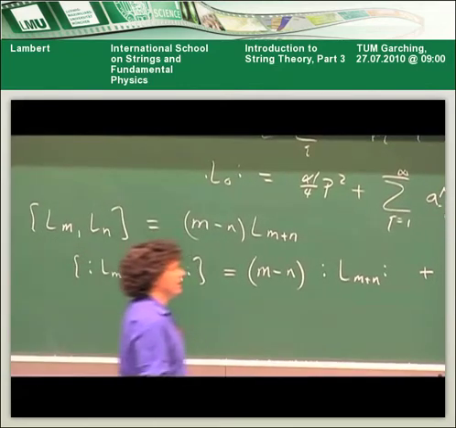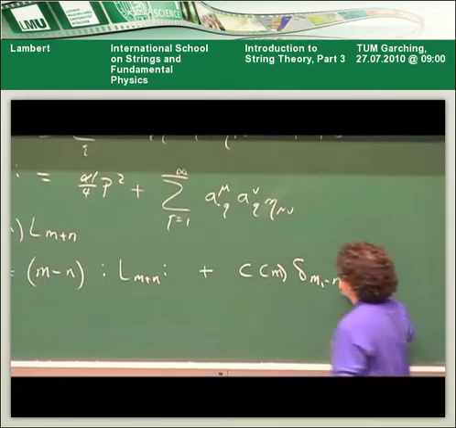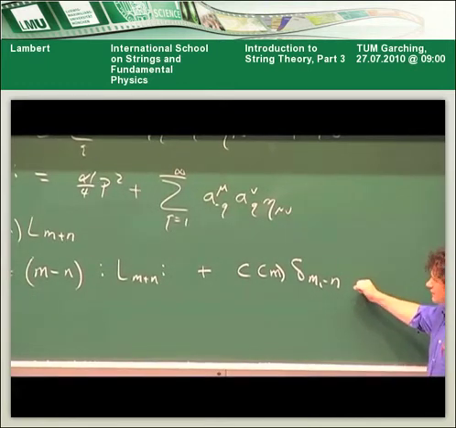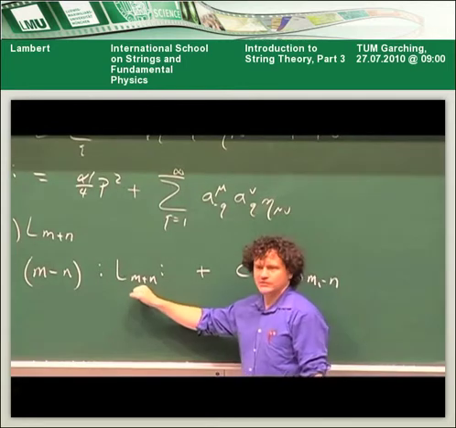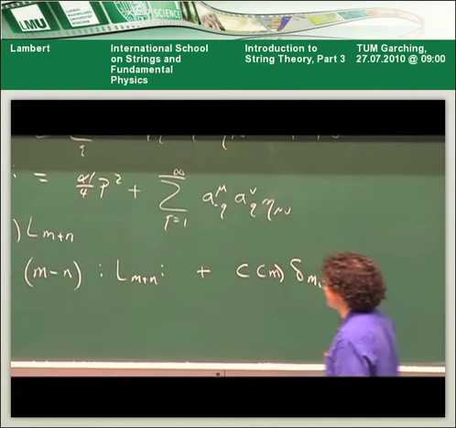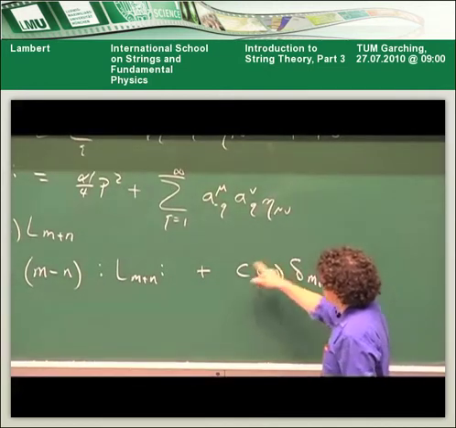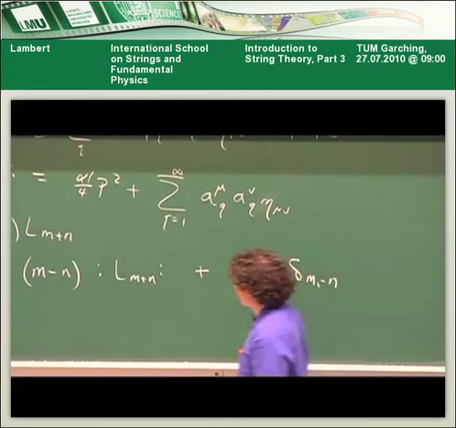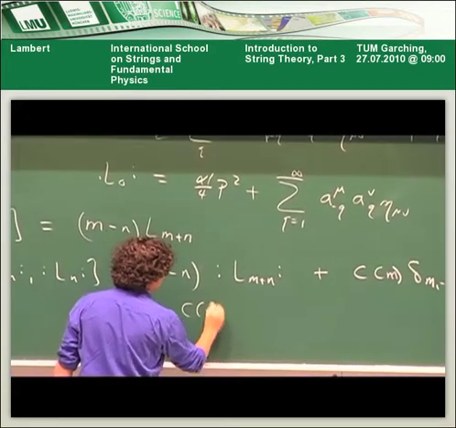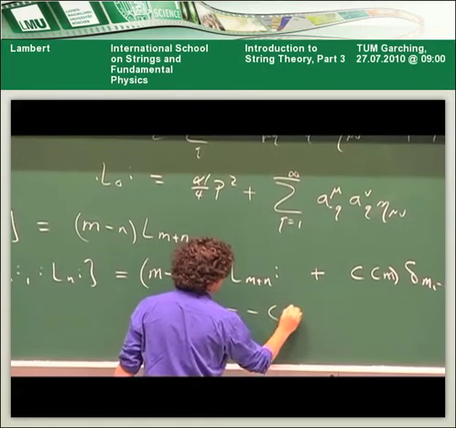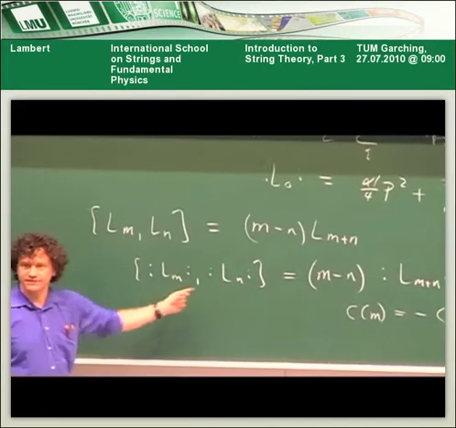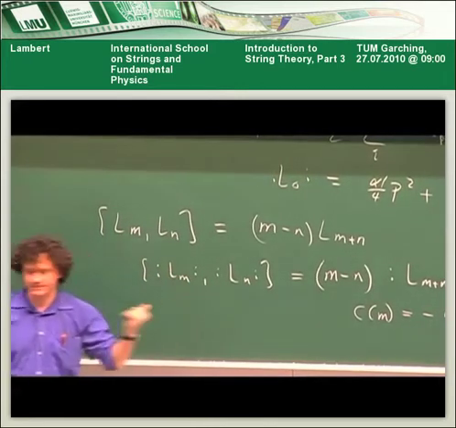Also, you can figure out that whatever appears here is just the identity, because again it all boils down to the fact that L0 is being modified by a constant. So you have to compute this C of m. It has an obvious property that C of m is minus C of minus m, because m interchange n gives you a minus sign.